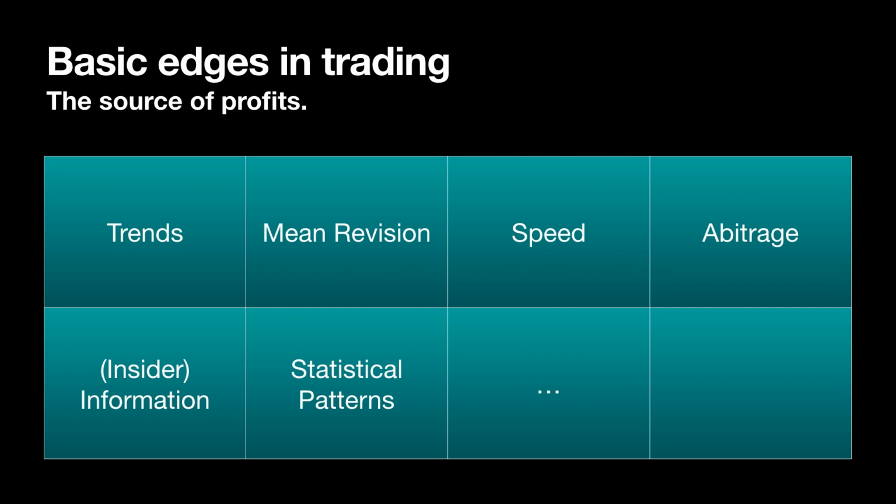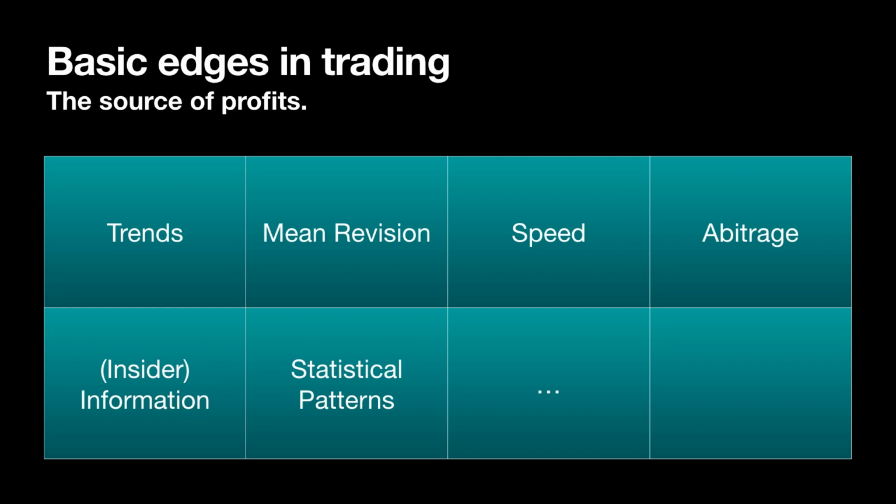But the problem with statistical patterns is there are millions of data mining companies, and there are millions of companies which have a very deep knowledge in finding patterns in data. And I think personally that this edge is very thin.